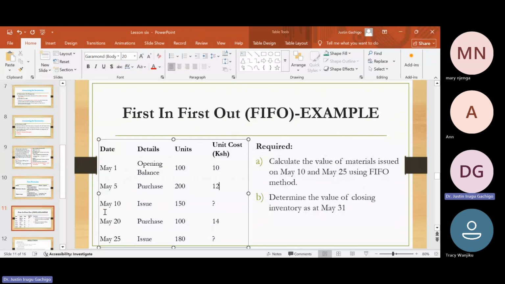So here we have a case where we sold or we issued this. We issued inventory, we issued 150 inventory. So how are we going to value this? Can someone open the mic and tell me what will be the value of this from just simple illustration?